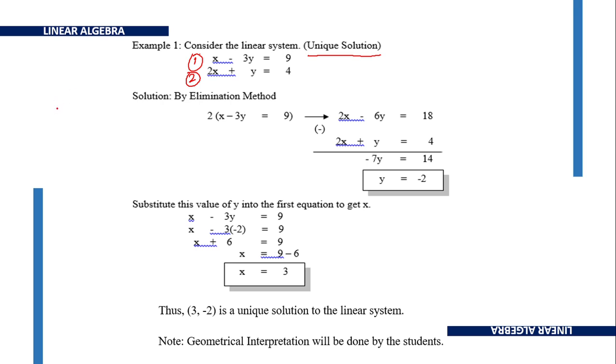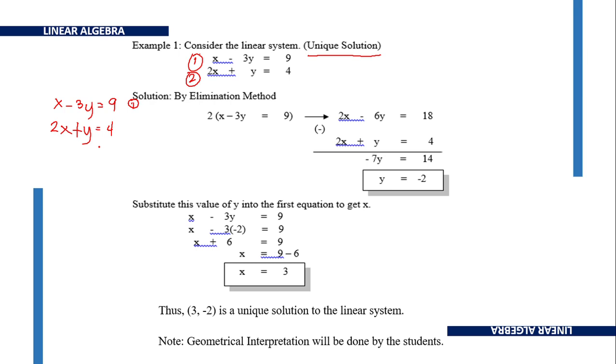So, we have x minus 3y is equal to 9. This is our first equation. And we have 2x plus y is equal to 4. Let's decide kung ano ang ating i-eliminate.